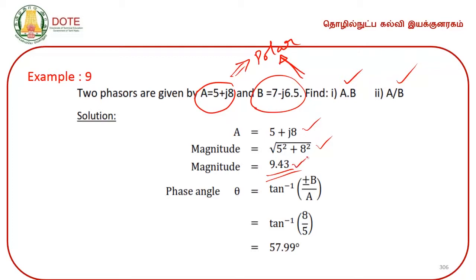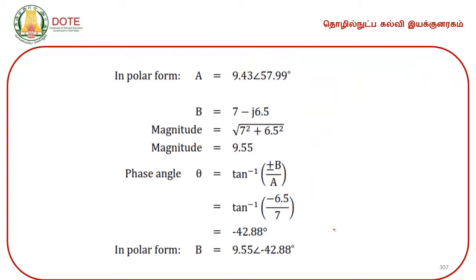So, the magnitude is 9.43 and the angle is tan inverse of B by A, it is 57.99. So, the equivalent of 5 plus j 8 is 9.43 angle 57.99. Similarly, I am going to convert this 7 minus j 6.5 also.